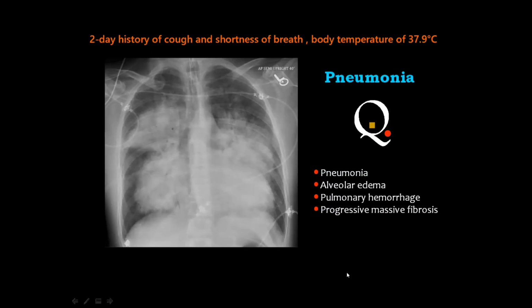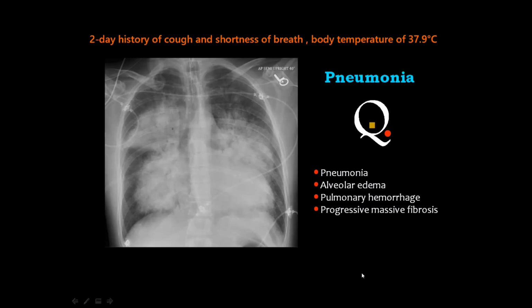If the patient had fever, then the cough, then you think of pneumonia. Why would you go for hemorrhage when you do not have clinical support to diagnose hemorrhage? And this is patchy opacities with air bronchogram, then you think of pneumonia, especially as the clinical data supports the diagnosis of pneumonia.